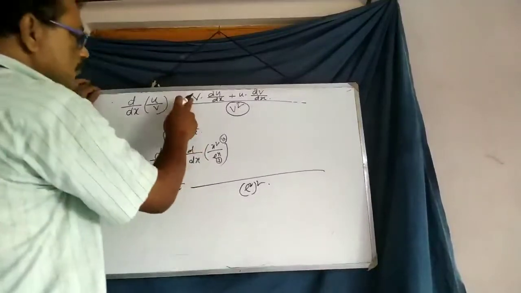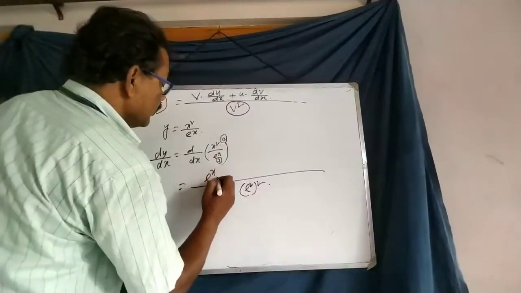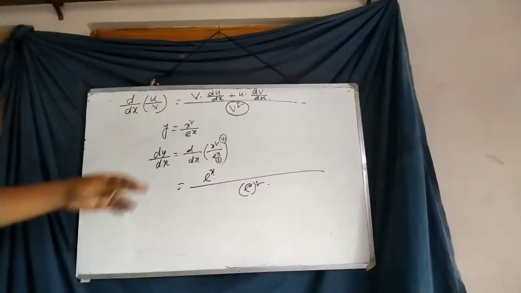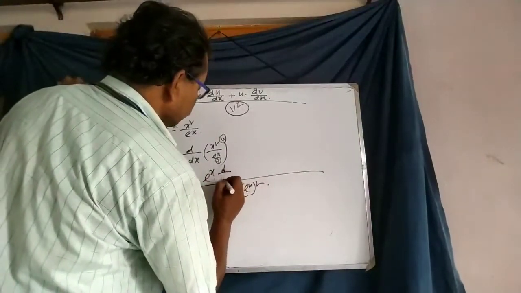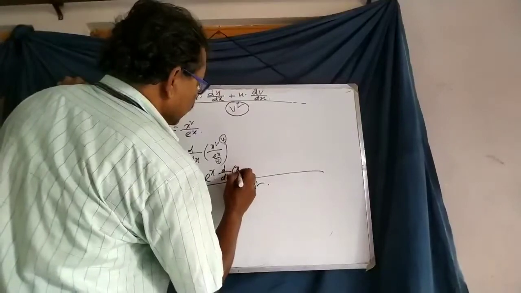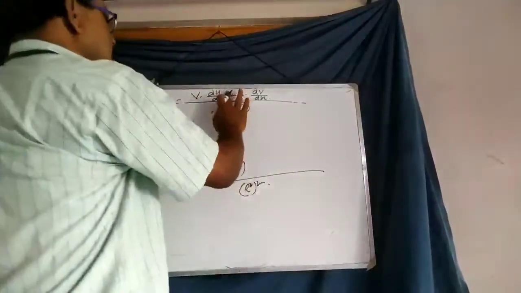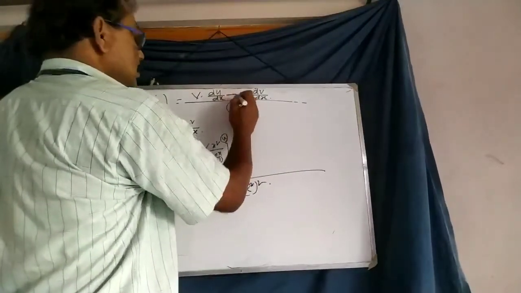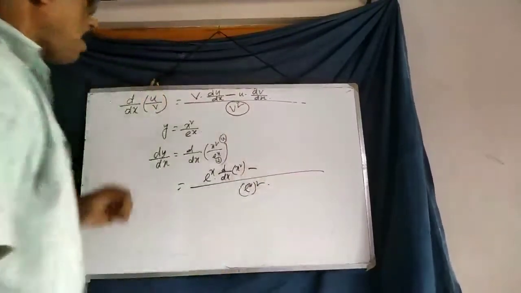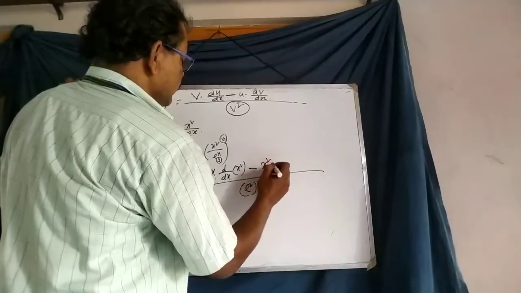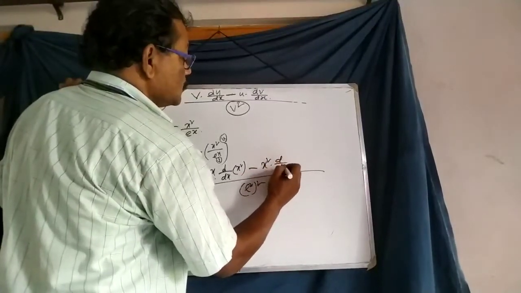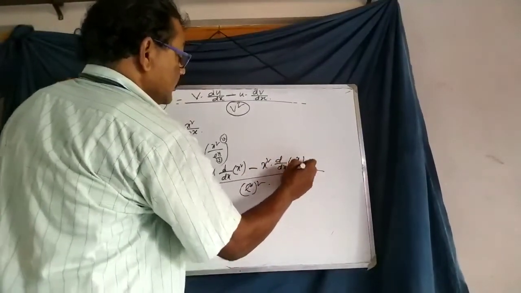And then v unchanged, so here e to the power x unchanged, and du/dx, d/dx of x square. Sorry, this is minus. I'm sorry. Minus u unchanged, means x square unchanged, d/dx of e to the power x.